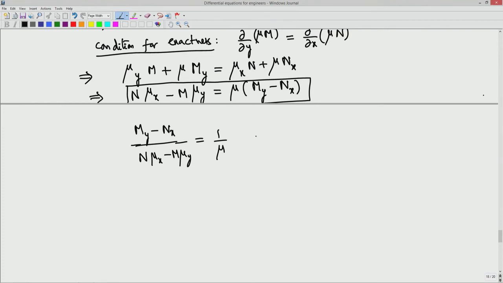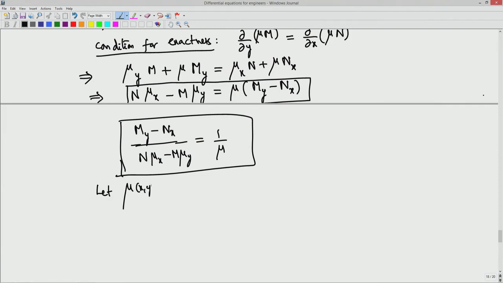Suppose sometimes, instead of multiplying by mu of x, y, a function of two variables, you multiply by a function of one variable, let mu of x, y be only a function of x.